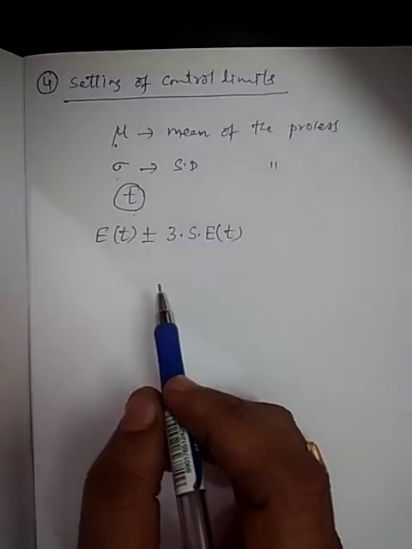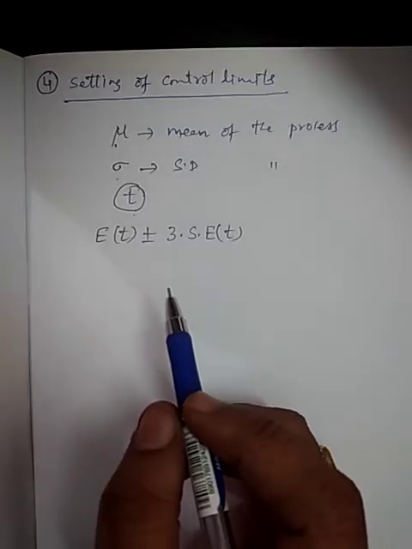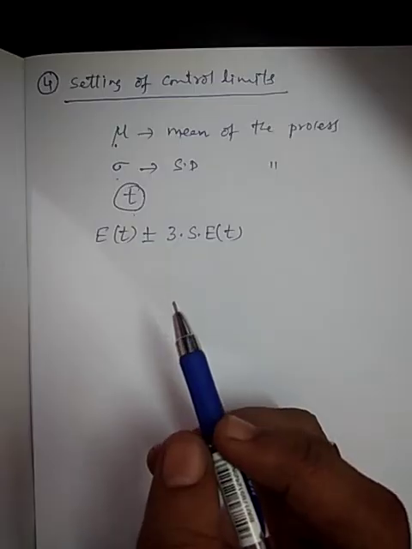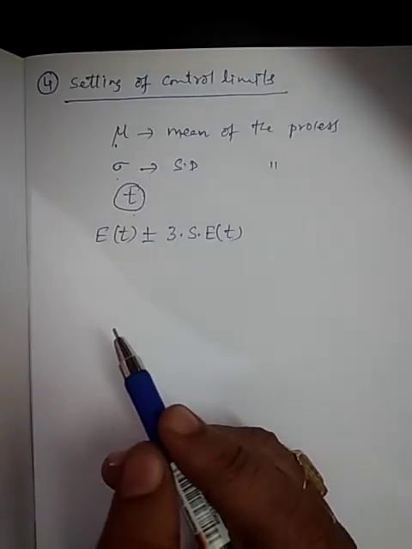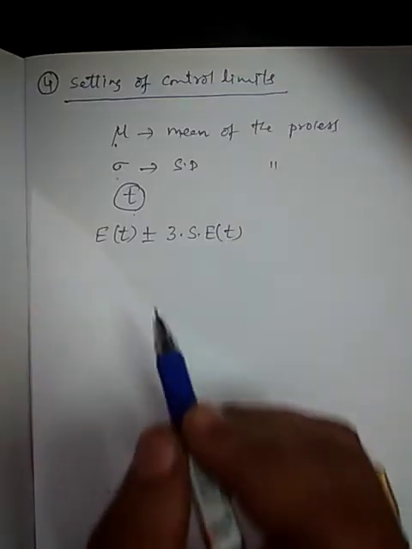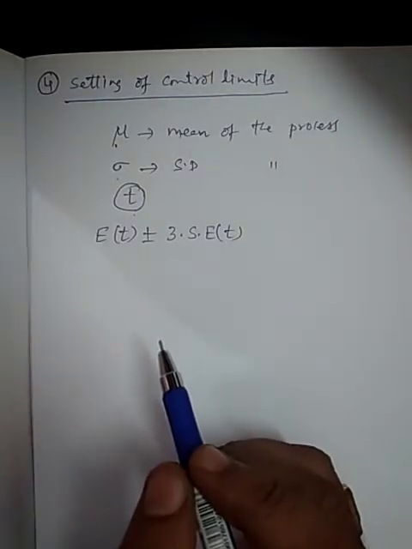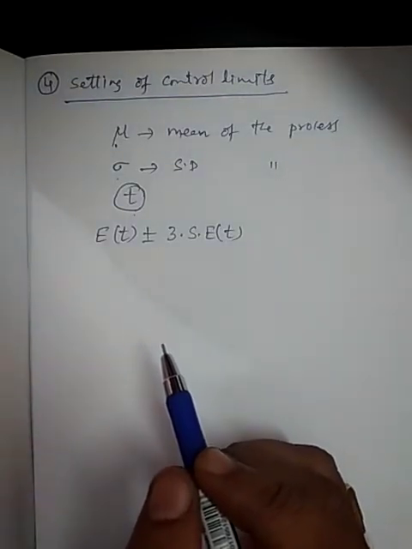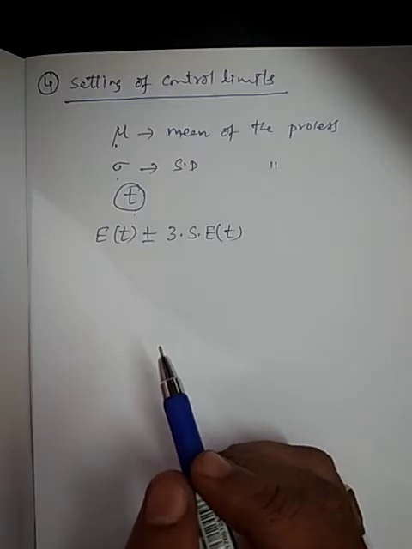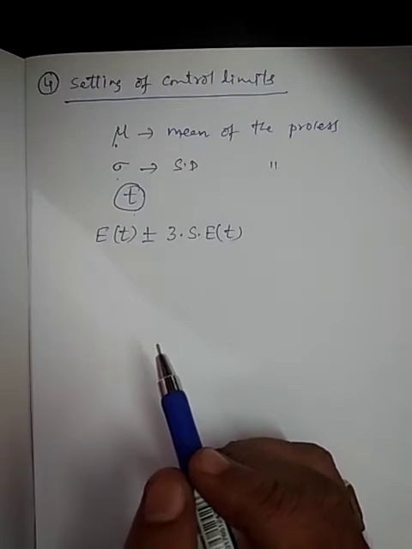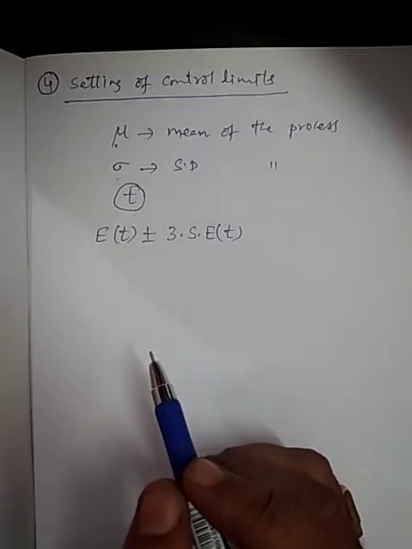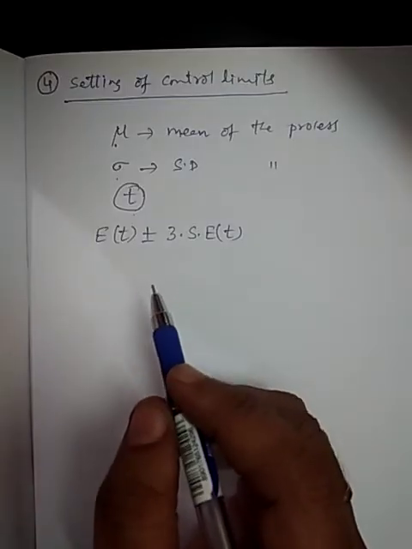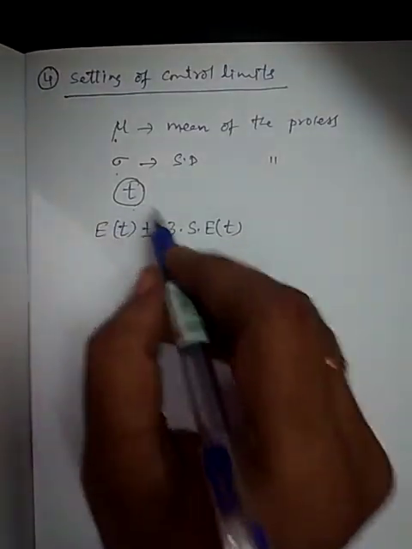Now you have to calculate 3 sigma limits for the X bar chart, that is, for the statistic X bar. For whichever chart you want to calculate control limits, you have to consider and calculate for those statistics. Here X bar is equal to t.